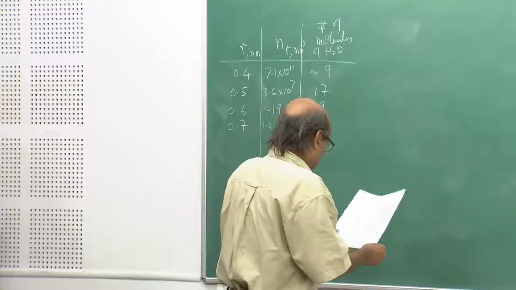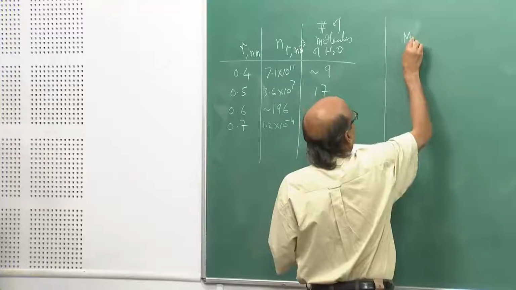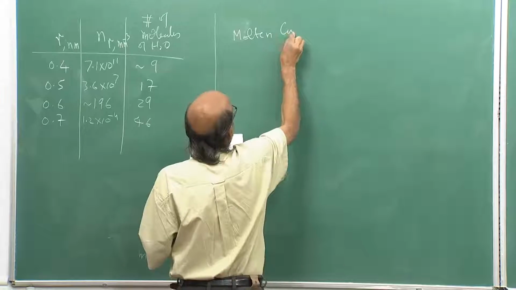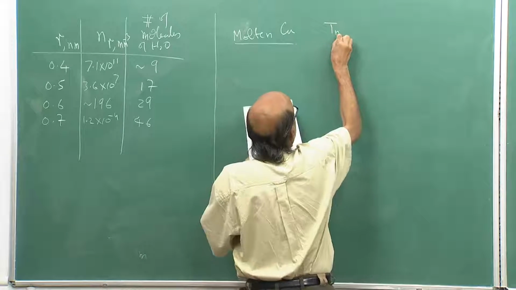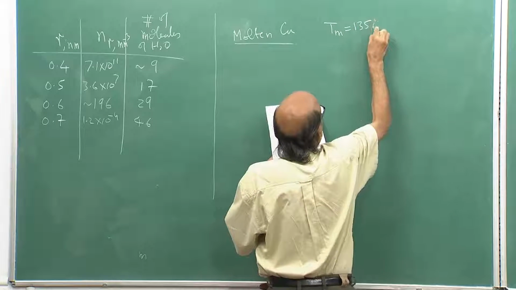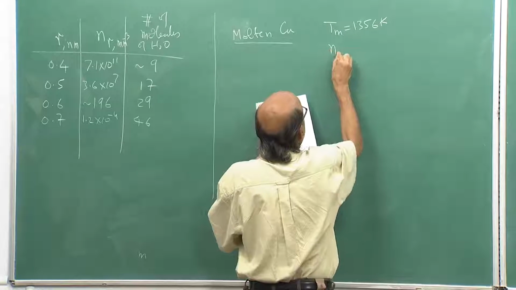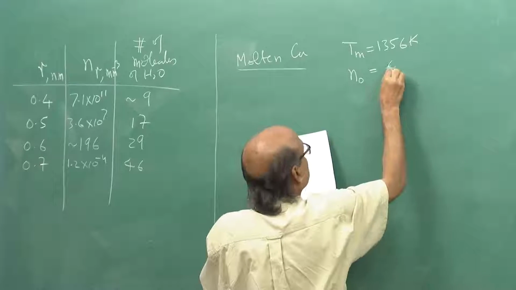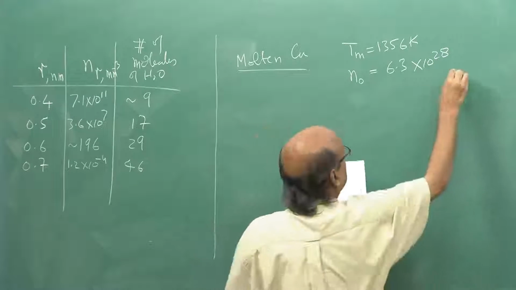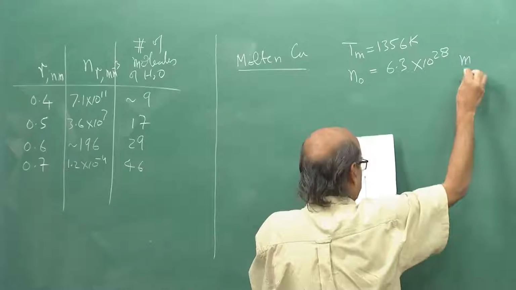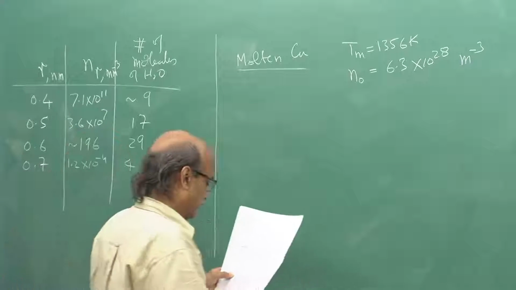Just to put a few more numbers, suppose I were to take molten copper. For molten copper, Tm is 1356 Kelvin, N0 turns out to be 6.3 into 10 to power 28 potential sites per meter cube, or so many copper atoms per meter cube.